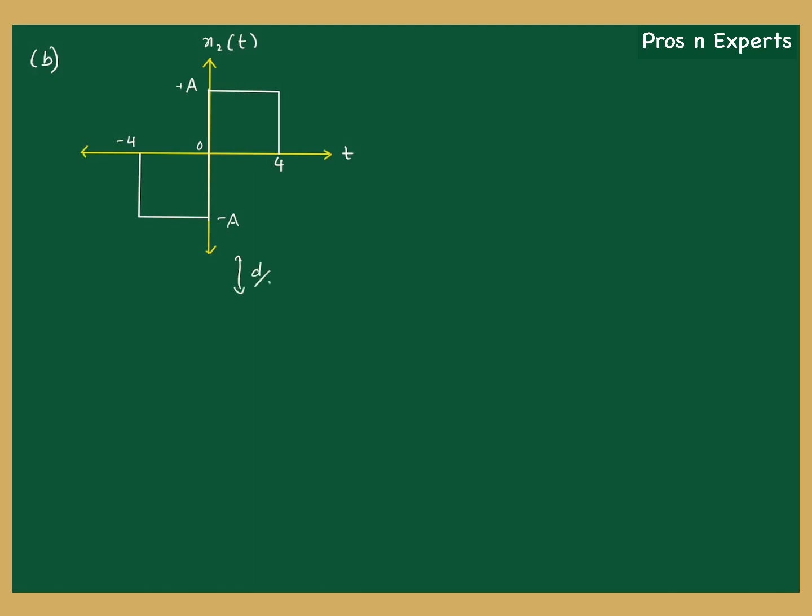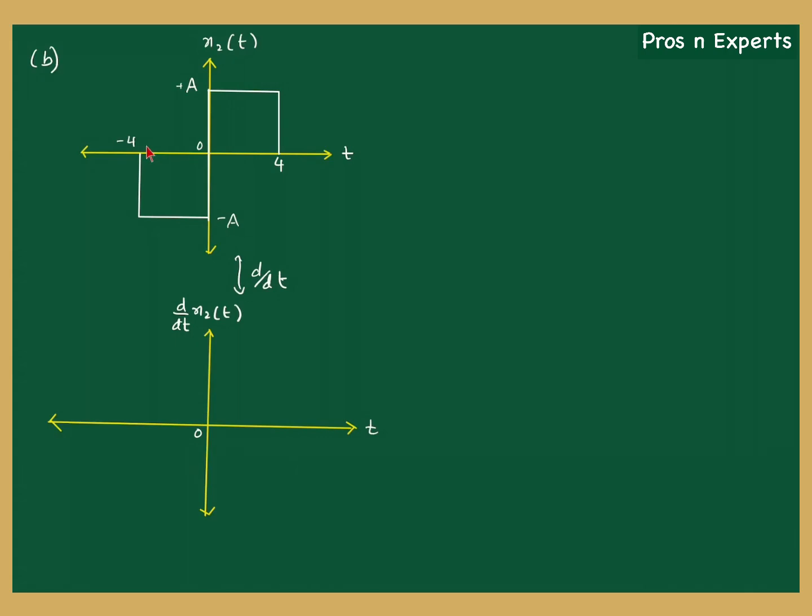So let us plot d by dt of x2 of t. Okay, so I'm finding the derivative. Let's see what happens when the signal is differentiated. Beyond -4 there is no signal, so the slope also will be 0. At -4 what happens?